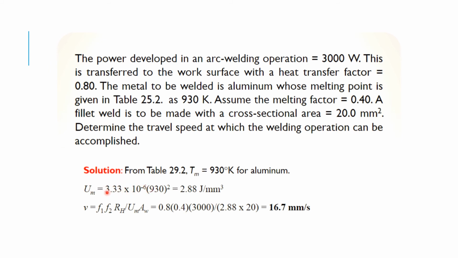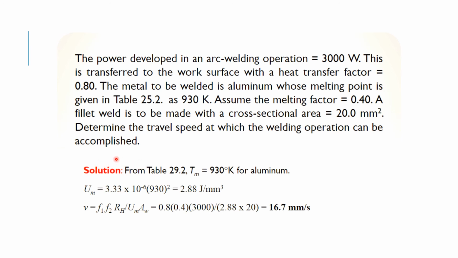So now f1 we already have, f2 we already have, RH also you already have. What you have to calculate now is Um, because we don't have it yet. Aw is already given, right? So Um equal to KTm squared.